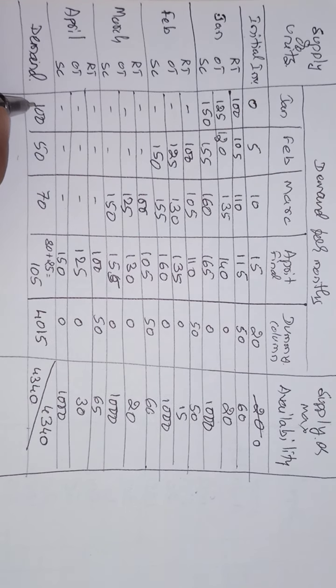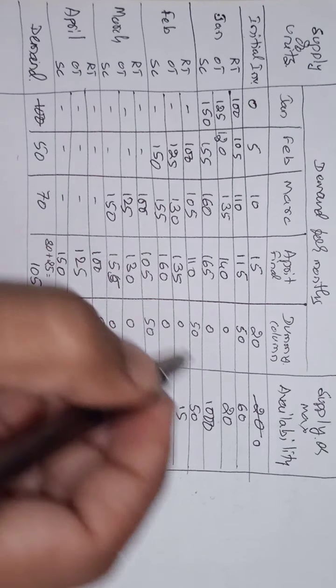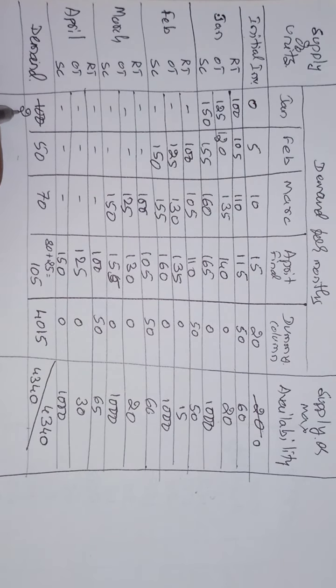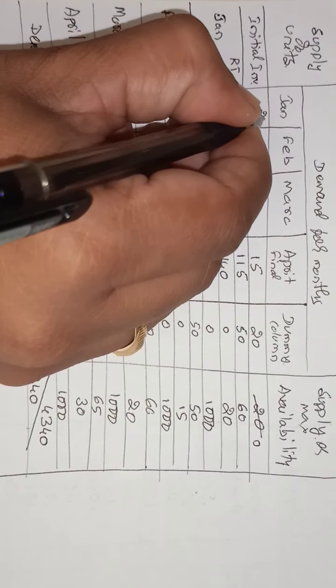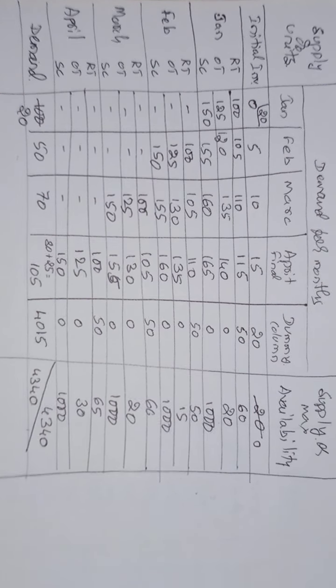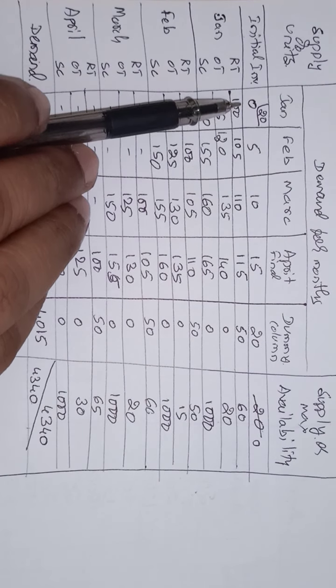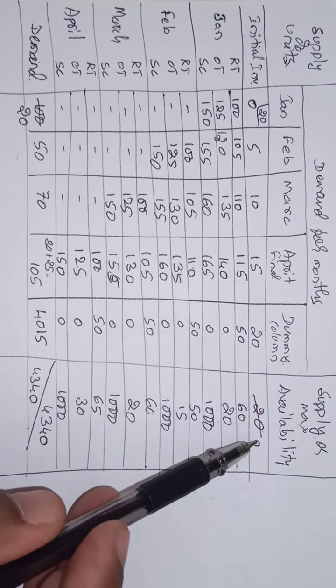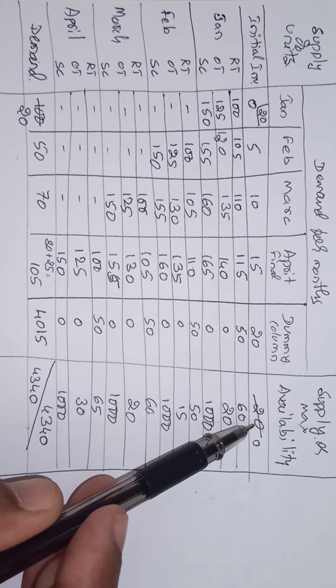Here how much demand is there? 100. So 100 we cannot meet, but by this 20 we can meet 20 units, right? So this 20 has to be allocated at this point. Is that clear? Before starting the January month, how much quantity is available with us? 20.